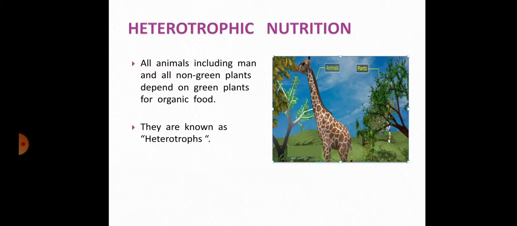These plants derive food from other plants and animals, and this type of mode of nutrition is called heterotrophic mode of nutrition. The plants in which this kind of mode of nutrition is found are known as heterotrophs.